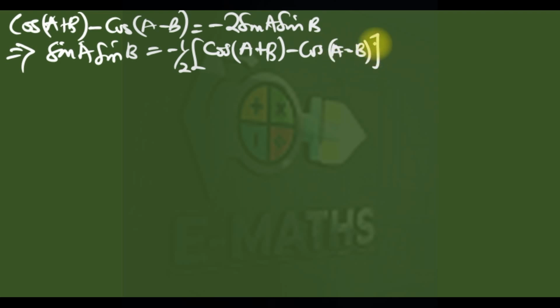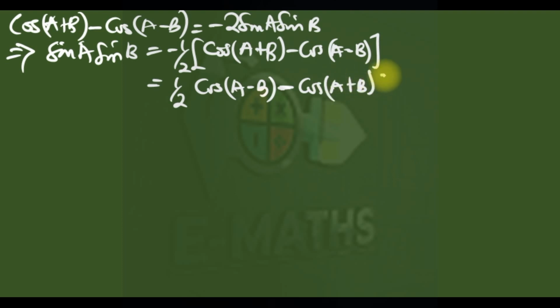Since cos A plus B minus cos A minus B is equal to minus 2 sine A sine B, it implies that sine A sine B is minus half of cos A plus B minus cos A minus B. We can still write it with the minus going inside, so I have half of cos A minus B minus cos A plus B. The negative sign goes inside, so this is positive while this is negative.